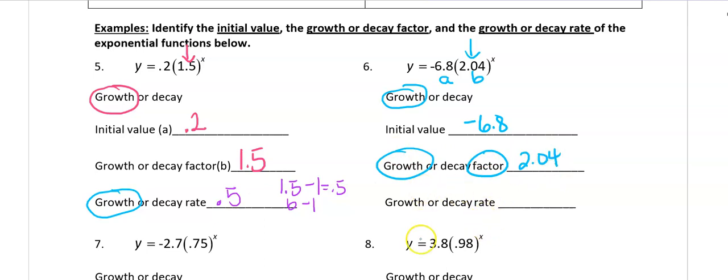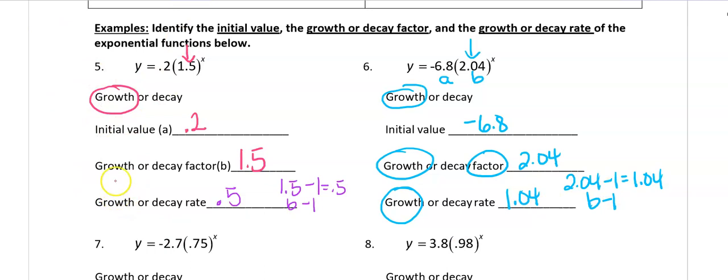And now it wants the growth rate. That's the difference from 1. How much is it growing over that perfect 100%? For that, you will do 2.04 minus 1, which leaves you 1.04. So it's 104% larger. We did the B value minus 1.